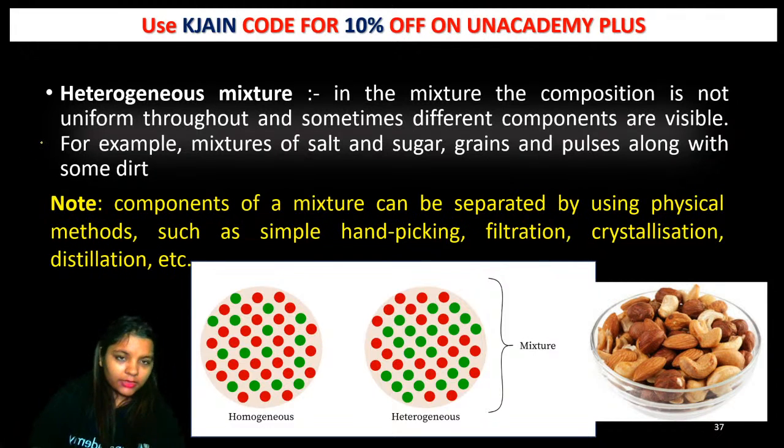In books it is written that it is a homogeneous mixture, but many educators say that this is a heterogeneous mixture. So I think it depends upon the type of alloy which you are forming. But mostly it is called a homogeneous mixture.